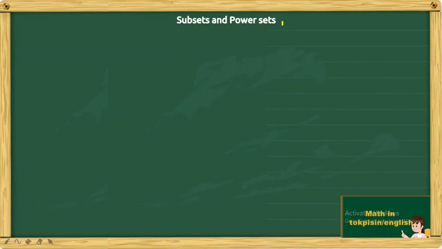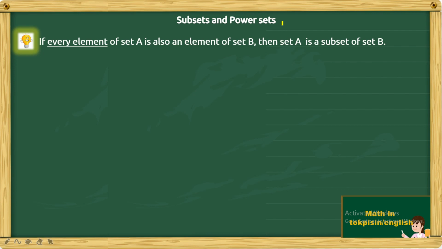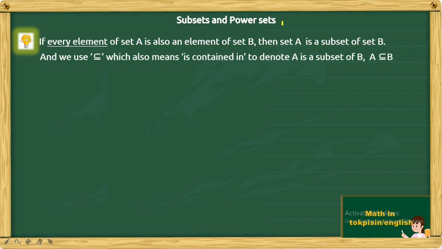In this video we will talk about subsets and power sets. If every element of set A is also an element of set B, then set A is a subset of set B. We use this symbol to denote a subset, which means is contained in.